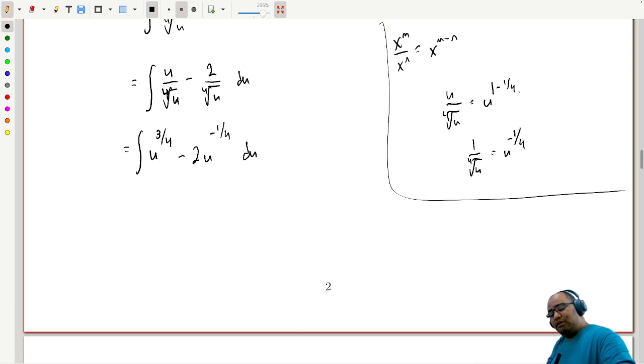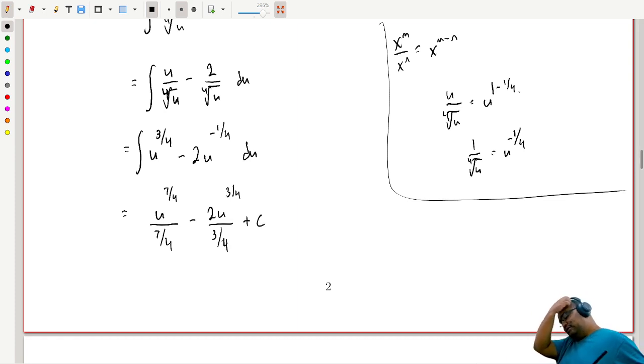Okay, so when we go ahead and do everything, we'll have u to the 3/4 plus 1, that's going to be 7 over 4, divided by 7 over 4, minus 2 times u to the minus 1/4 plus 1, that's 3 over 4, divided by 3 over 4, plus a constant.